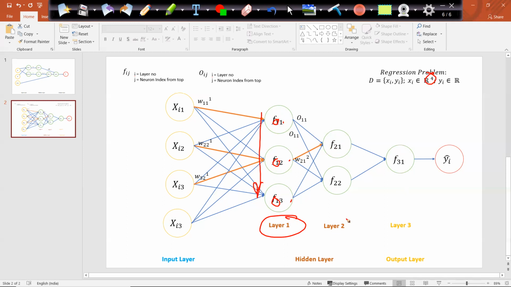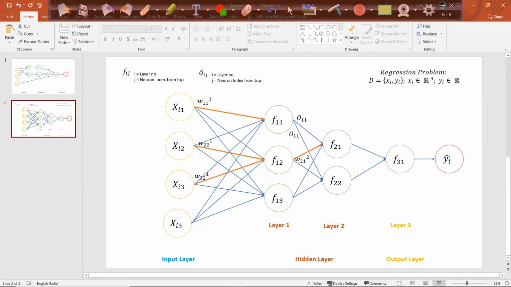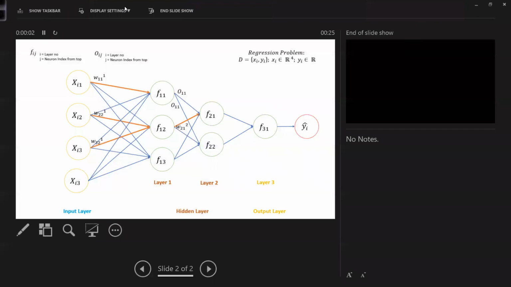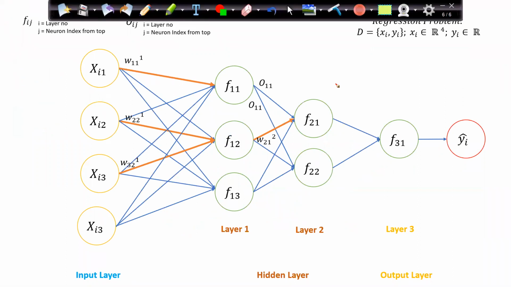Same way, this is my second layer: function 2,1, function 2,2, and function 2,3. Same way, I have only one function at layer number 3, so F31.